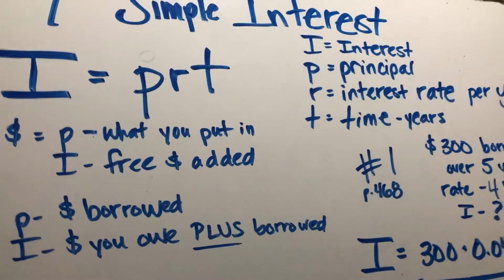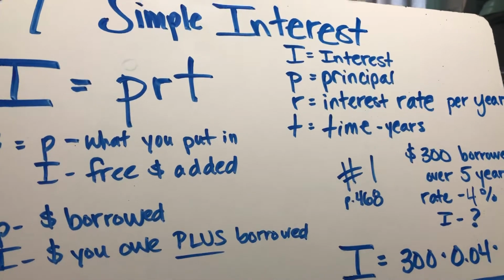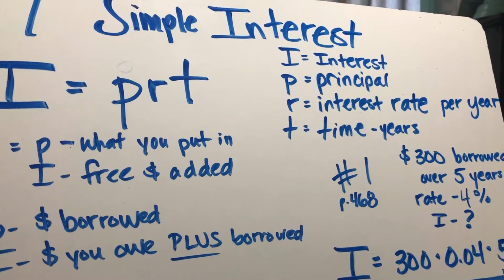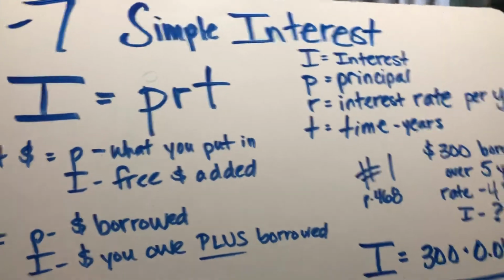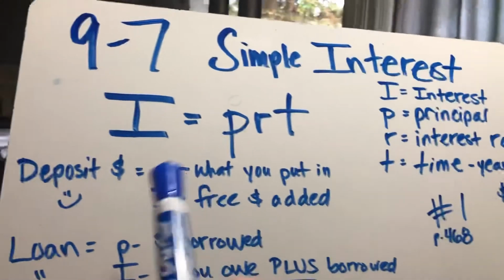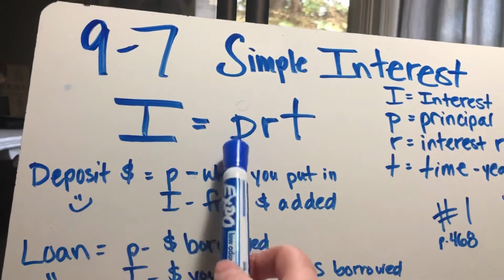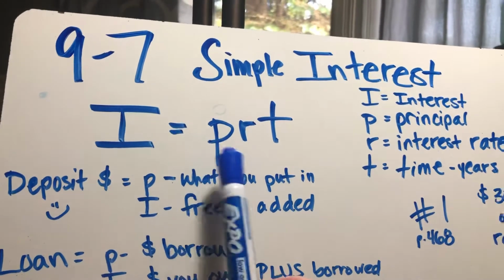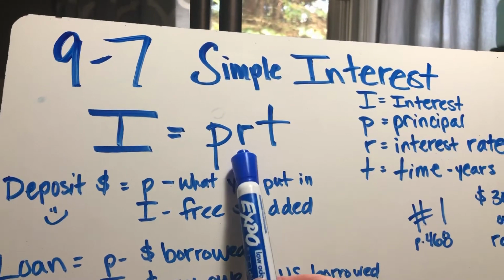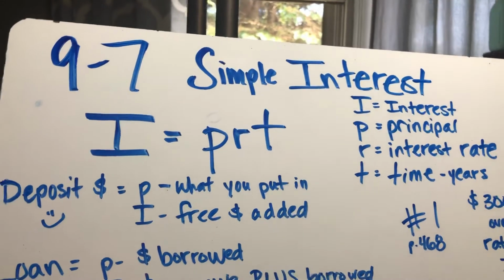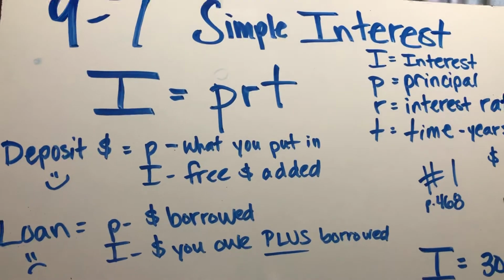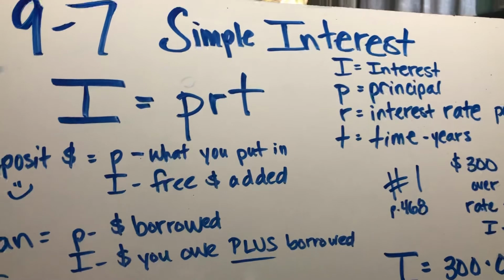If you wanted to see how much money you would earn in, say, 5 years, as you plug in this little sample problem, your interest is what we're finding out. The principal, I said, was $1,000. Your rate is 2%. And the time, I'm going to find out how much money I'll get in 5 years.